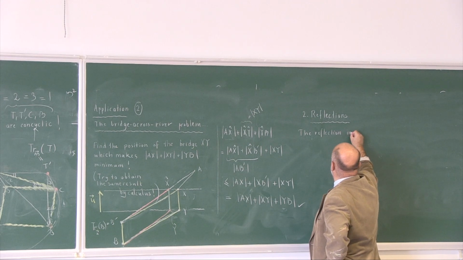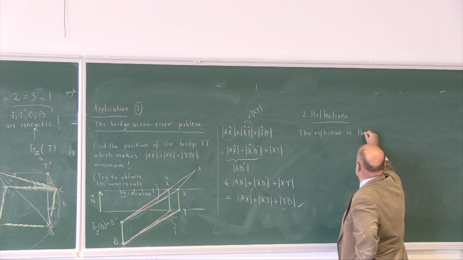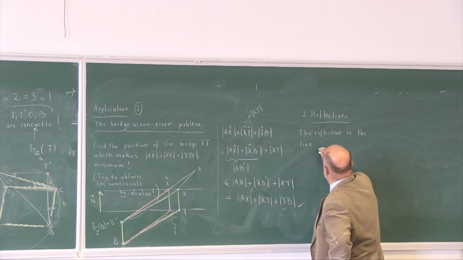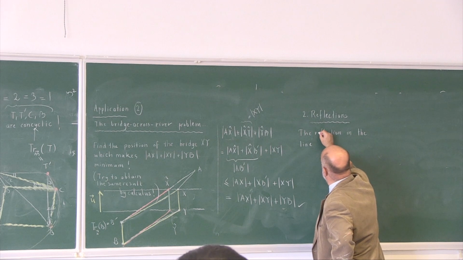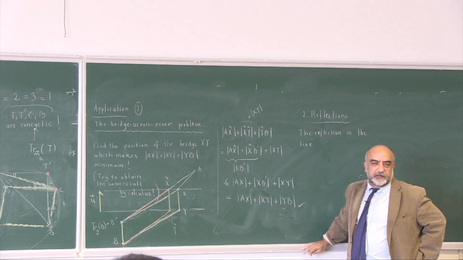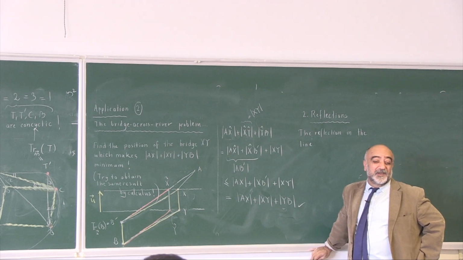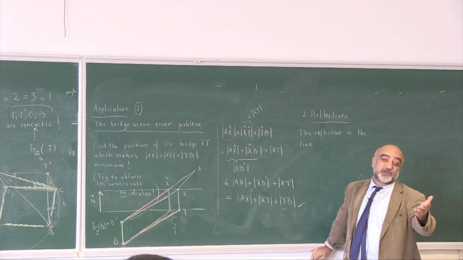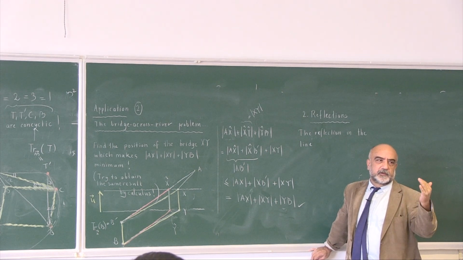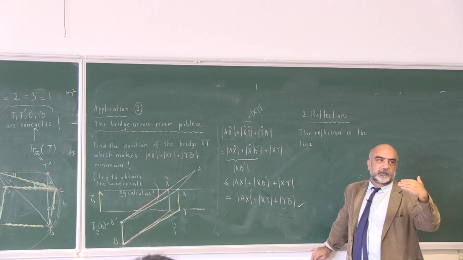Okay, so let me, the reflection in the line K. So the English language has got this peculiarity. Looking at it as Turks, the Turkish language always says reflection from something. Okay, so aynadan yansıma, sudan yansıma, okay?